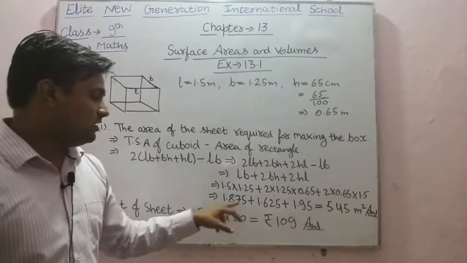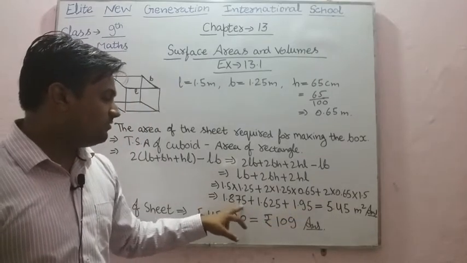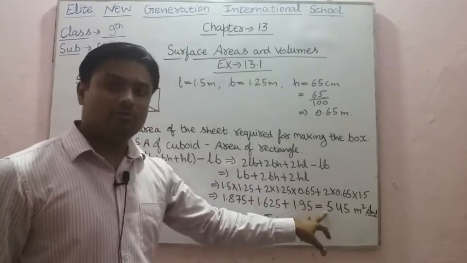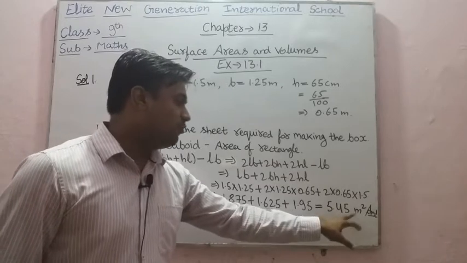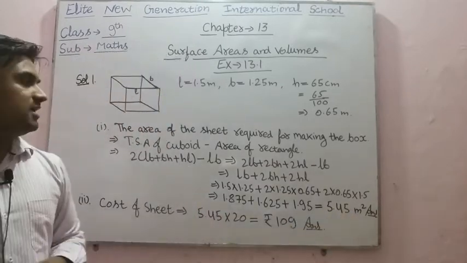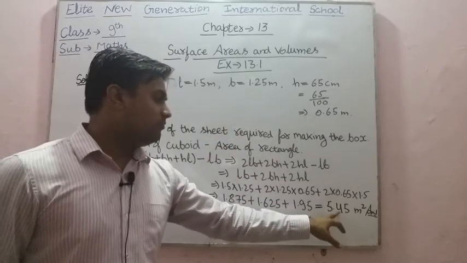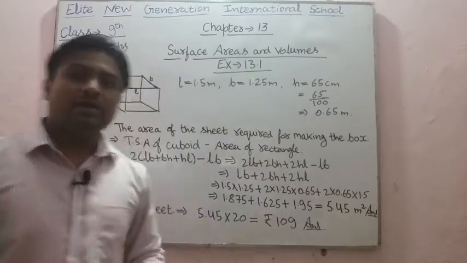Now we can add all these: 1.875 plus 1.625 plus 1.95 equals 5.45 meter square. So we can say that the area of the sheet will be 5.45 meter square.